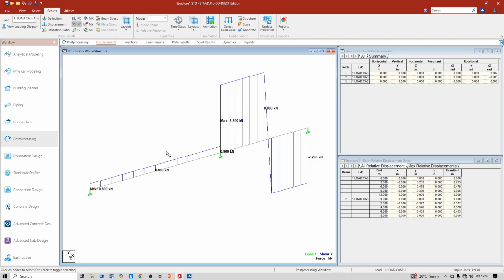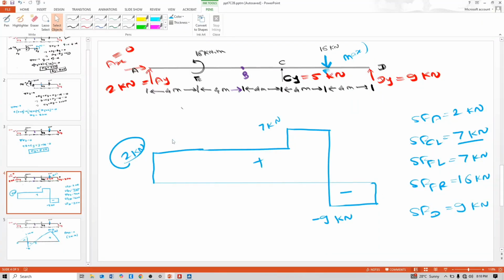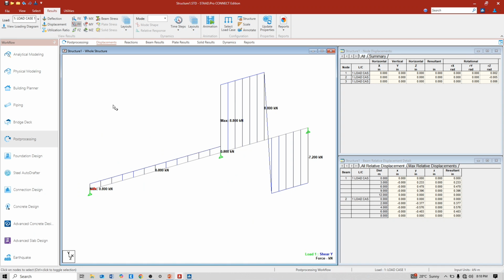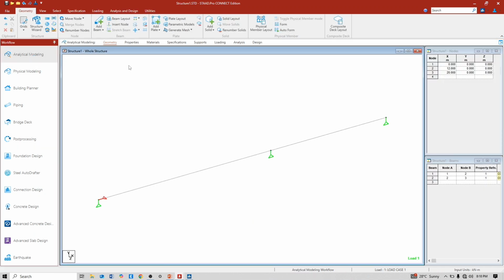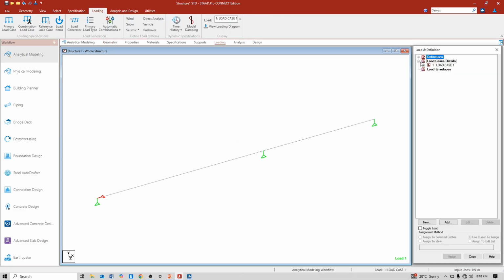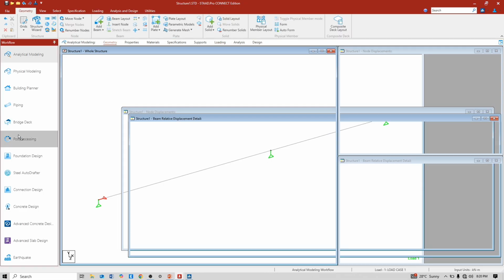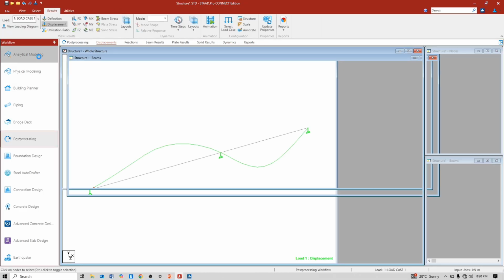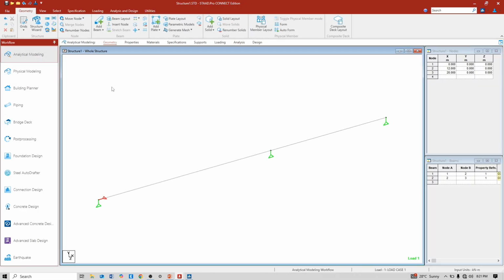Why is it 0.8? That means something is wrong here. See loading again. There is a mistake here. We are not providing an internal hinge here at 0.8 meter.